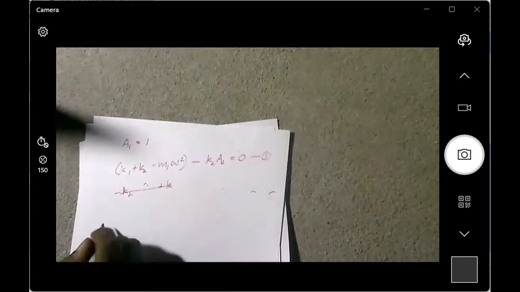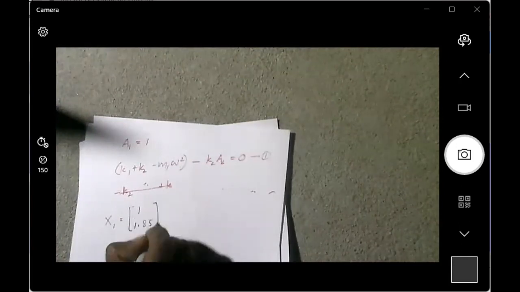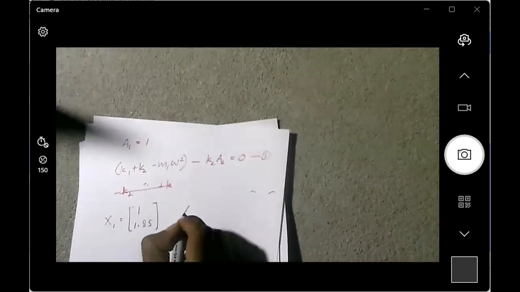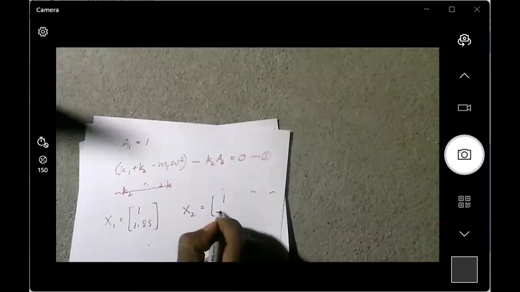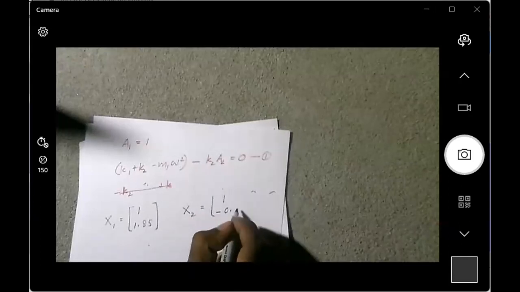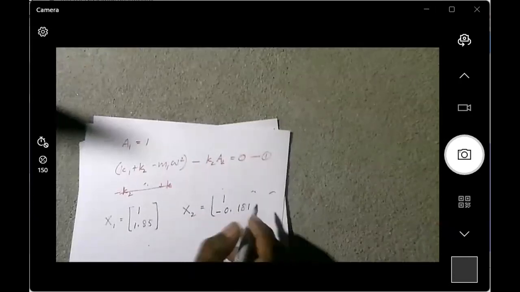So we have the mode shapes: x1, which is related to frequency omega 1, as 1 and 1.85. And the next mode shape, x2, is 1 and minus 0.181. Check these values.